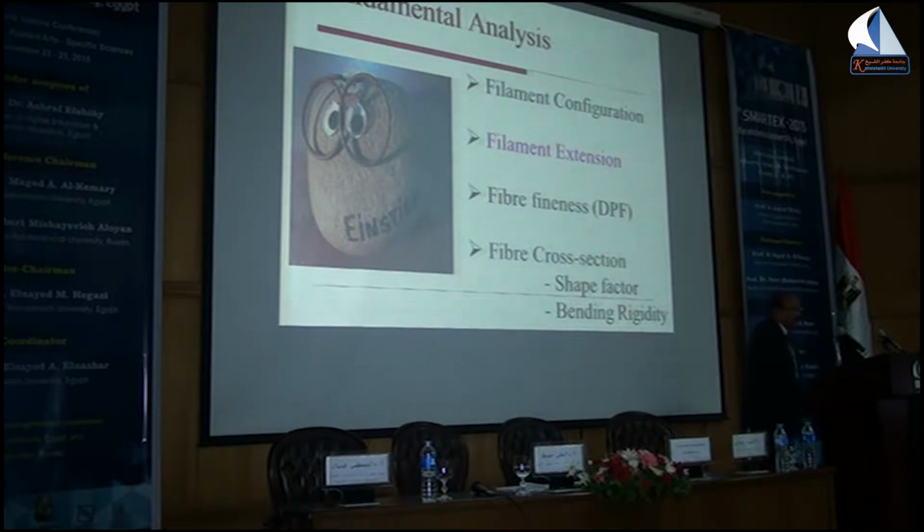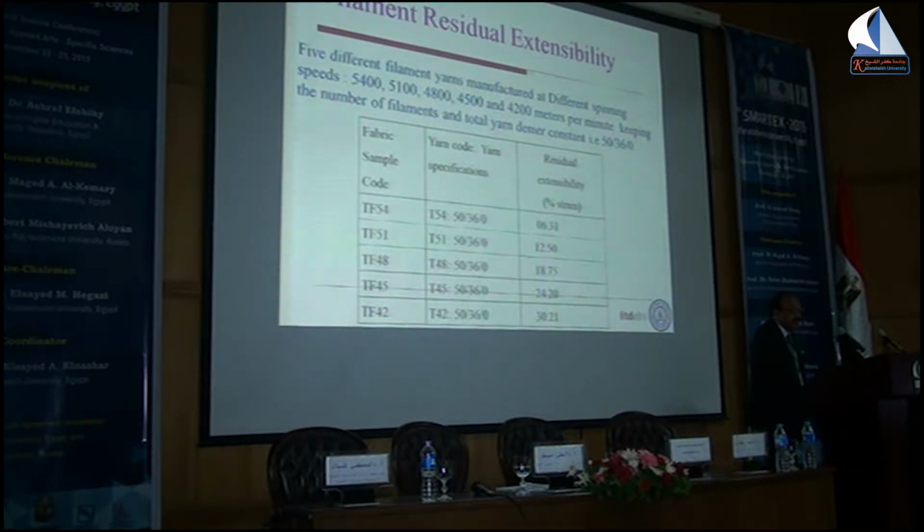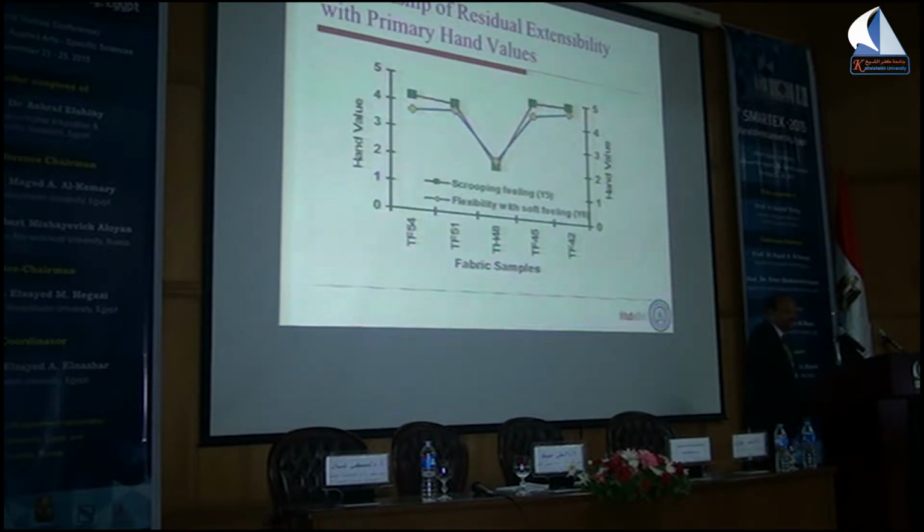Now, what is the role of filament extension? Similarly, polyester fibers of different degrees of extensibility have been produced. You can see here there are 5 different types of polyester fiber having extensibility from 6% to 30%, and fabric samples were produced, the hand values measured, and you can see how extensibility influences the hand value.